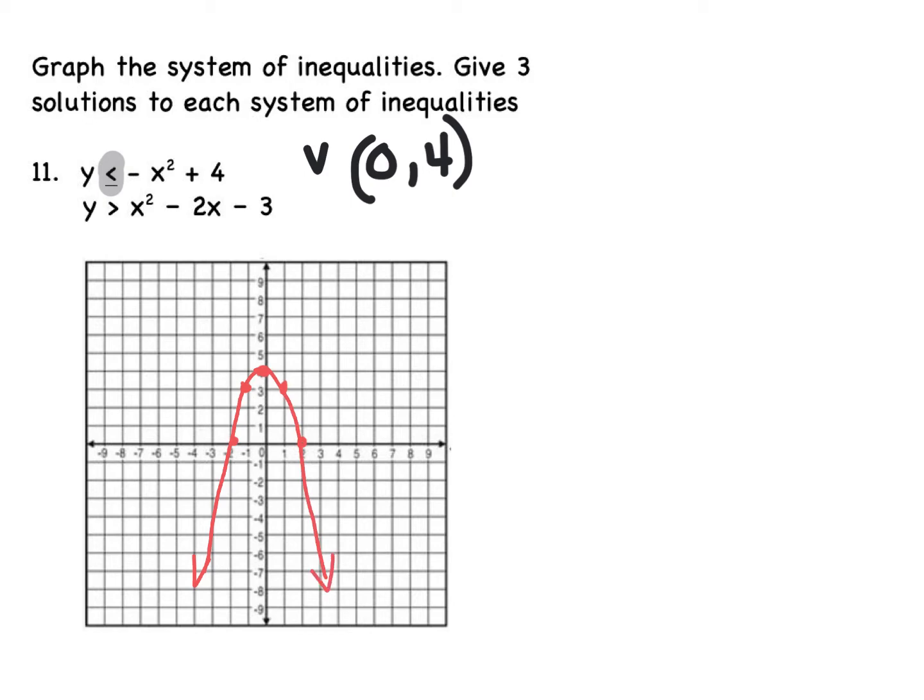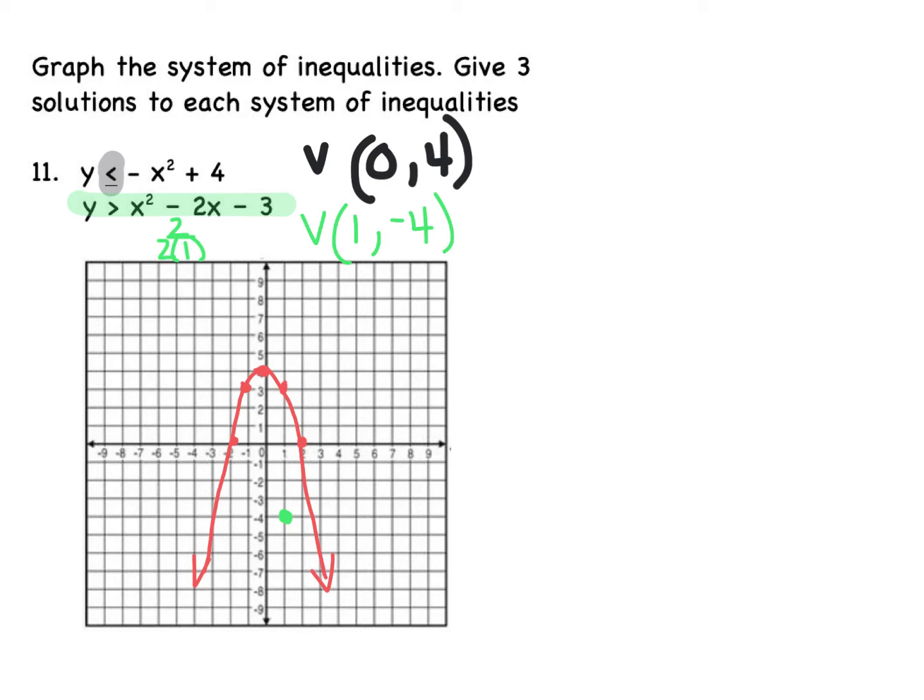I'll shade momentarily. For my second inequality, the one highlighted in green, I'm going to find my vertex, which if algebraically I do negative b over 2a, that would be positive 2 over 2 times 1, which is 1, and if I substitute 1 in, I get -4. I know it's going to open upward because my a value is positive, so I'm going to find some points to the right.